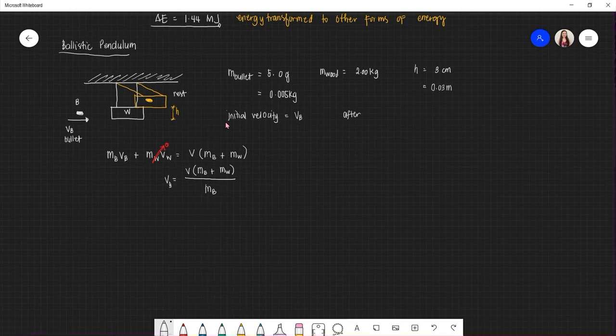So after the collision, the velocity of the block of wood is equal to the velocity of the bullet, and let that velocity be V. So therefore, the velocity of the bullet before the collision is equal to the velocity of both particles, the block of wood and the bullet, after the collision, times the summation of their masses divided by the mass of the bullet. Okay, so in the second part, the mechanical energy is conserved.